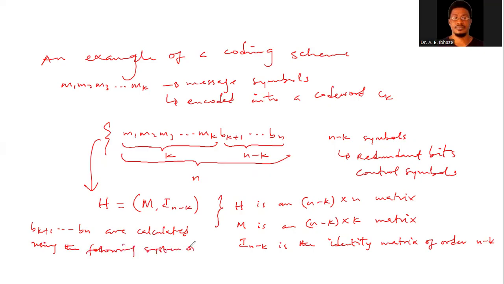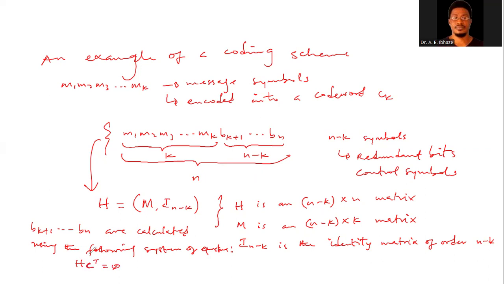That is, H C transpose is the same as 0, where C is the code word.